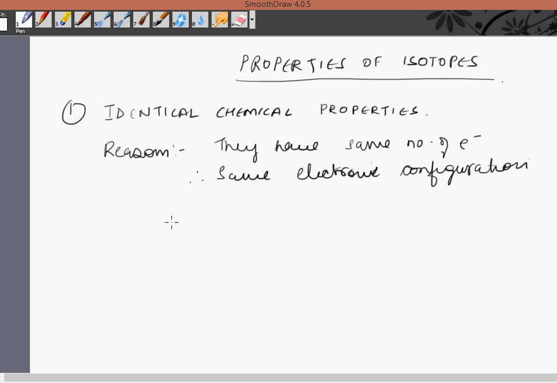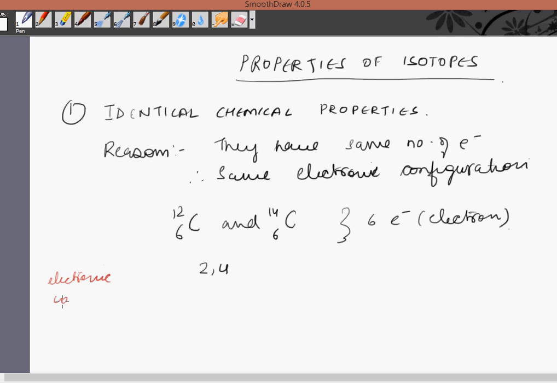If I give you an example of the carbon, this is the C12 and C14, both have the same number of 6 electrons in them, 6 electrons, right? And both of them have the identical electronic configuration, which is 2, 4. Let's write here the electronic configuration, which is 2, 4, both.